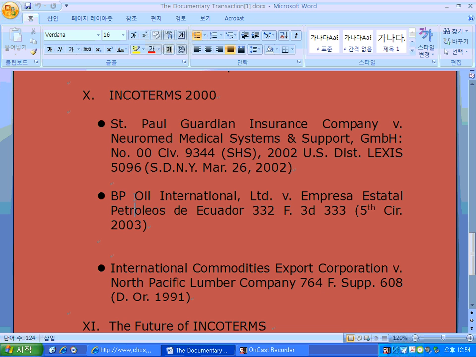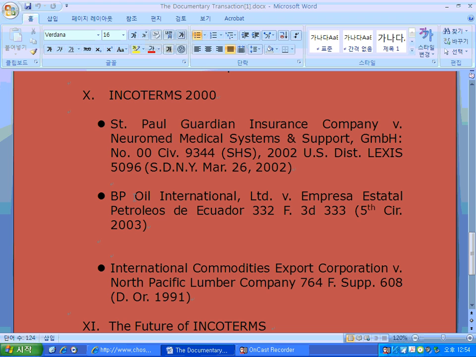And on page 3(1)(a), you find the basic category classed into 4 terms: E terms, F terms, C terms, and D terms.